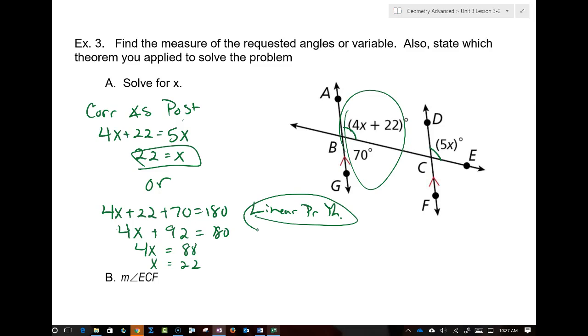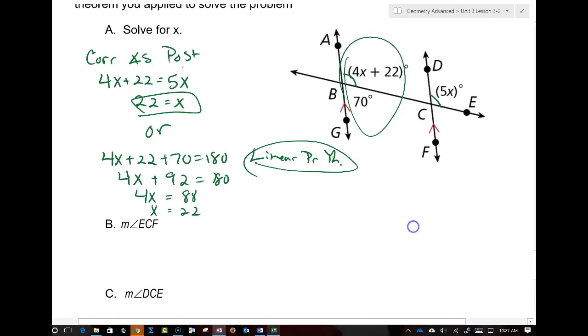All right, the measure of angle ECF. I'm looking for the measure of angle ECF. Try to keep it easy on yourself. ECF. Gorman, please just tell me it's 70 degrees. How do I know it's 70 degrees without having to do any calculations?